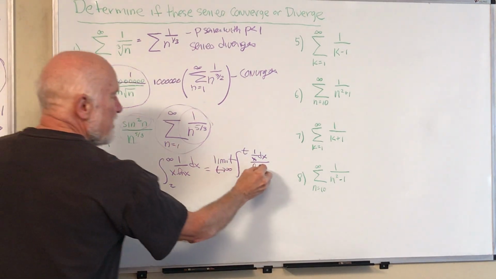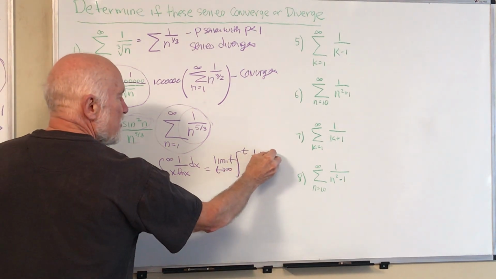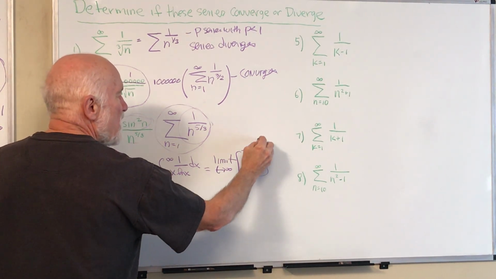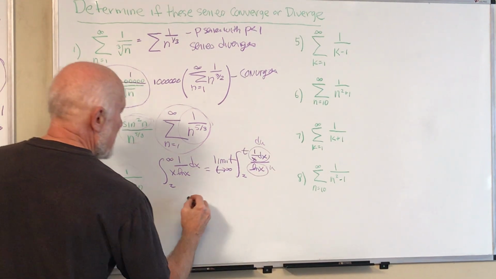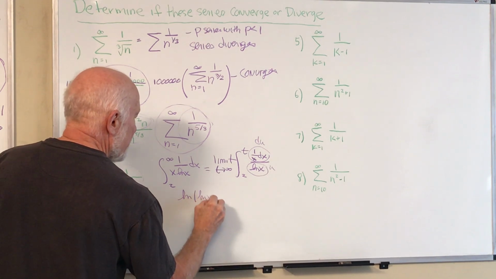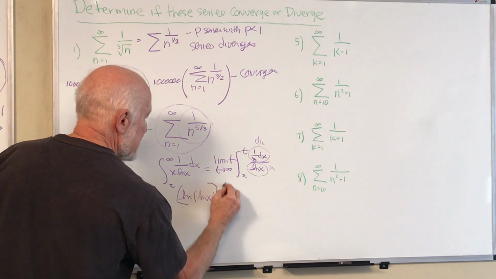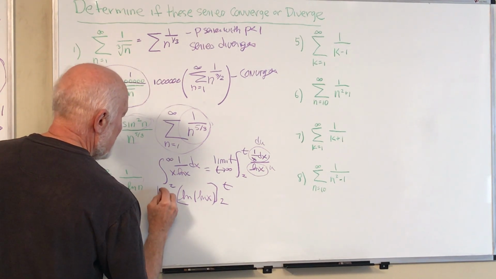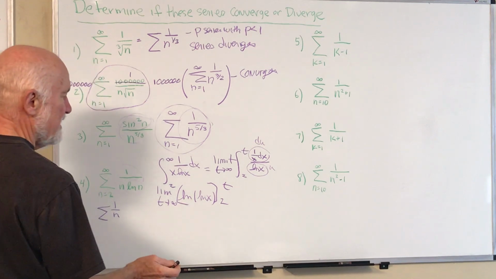So if you think of this to be u, the derivative is up at the top. So we have it in the form of du over u. So you get the natural log of the natural log of x from 2 to t, and then you're taking the limit as t approaches infinity.